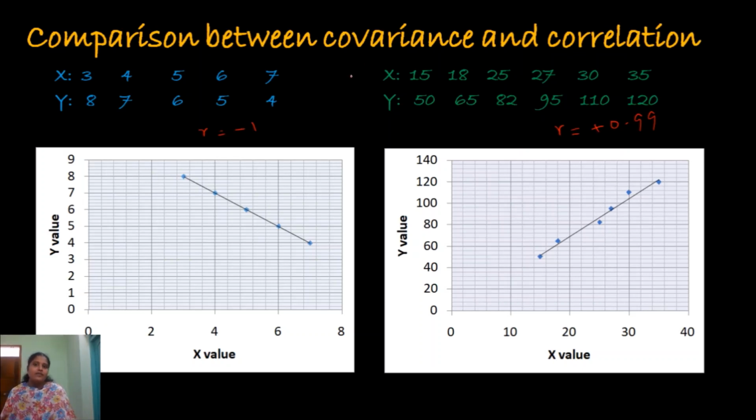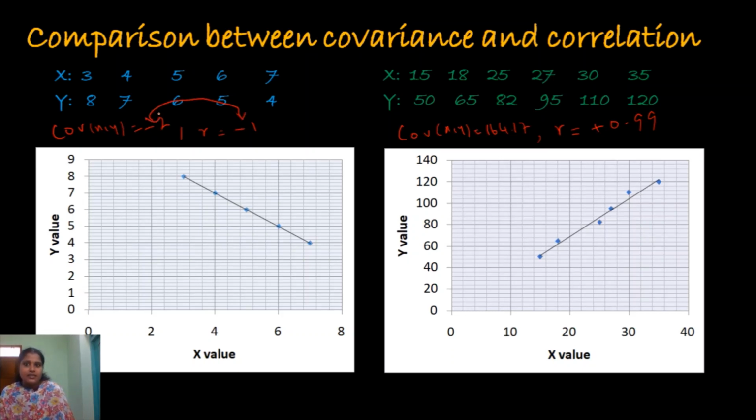Most probably we have to deal with the concept of covariance and correlation in a linear case. For this problem, the covariance value is -2, and for this one, the covariance of xy is 164.17. Look at these two. Based on covariance, both of them give you the negative sign.